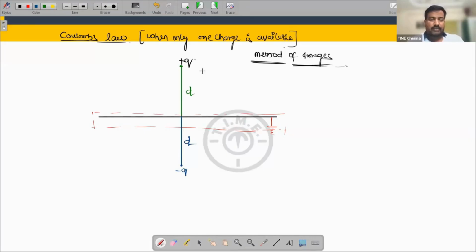Now you have two charges separated by a total distance of 2d. Now you apply Coulomb's law. It's also very important, especially for your GATE exam. It's a very important concept, and it is called method of images.